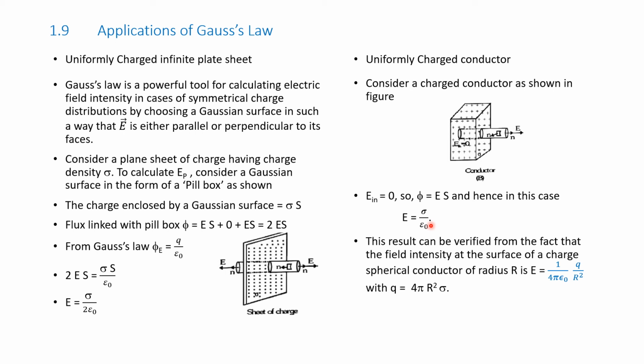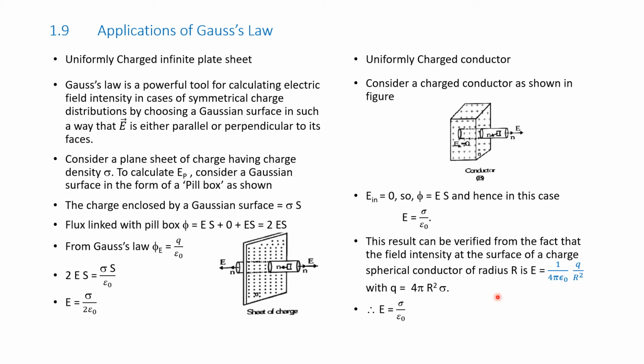The result can be verified from the fact that the field intensity at the surface of a charged spherical conductor of radius r is E is equal to 1 over 4 pi epsilon naught q by r square, with q equal to 4 pi r square sigma.